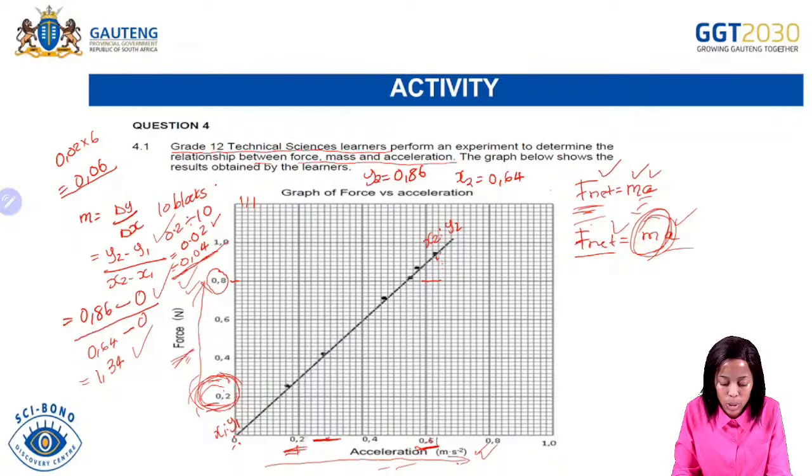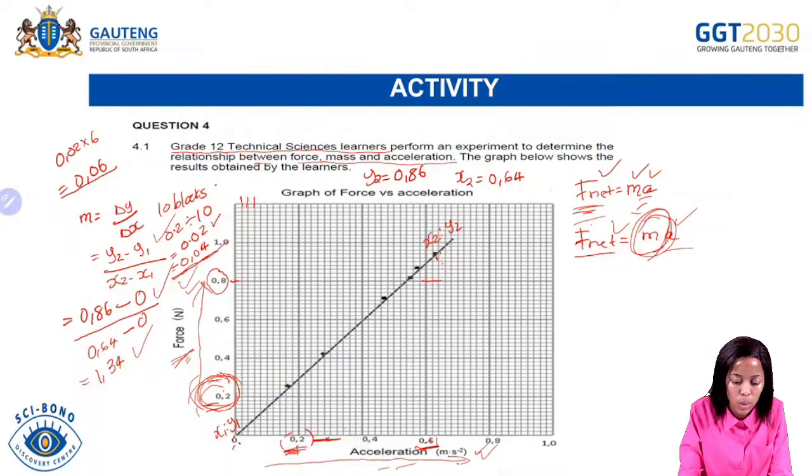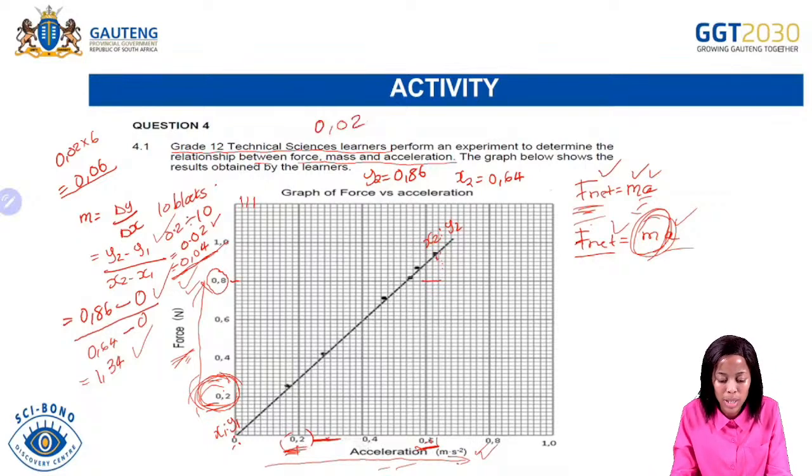So if it's going to be 0.3, it means that it's going to be in between the 0.2 and the 0.4. Or if you want, you already know that each block is represented by 0.2. So you can then calculate there.